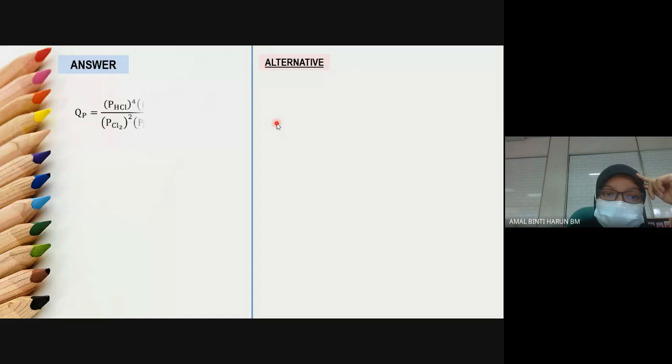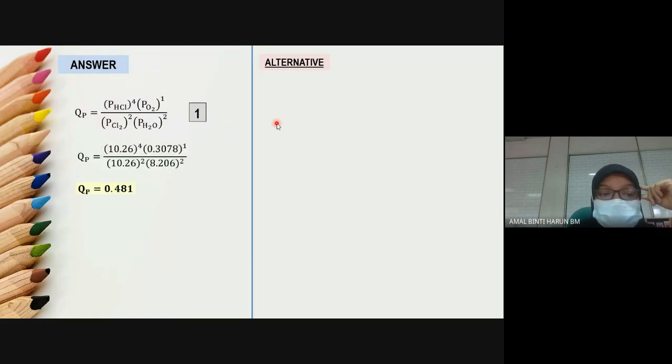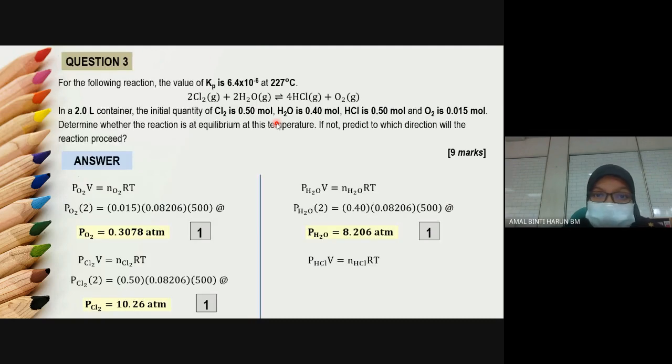So now insert into Qp. So masukkan dalam Qp, the Qp is 0.481. And then let's compare with the Kp. So Qp 0.48. Kp dia tadi berapa? Kp dia 6.4 exponent negative 6.